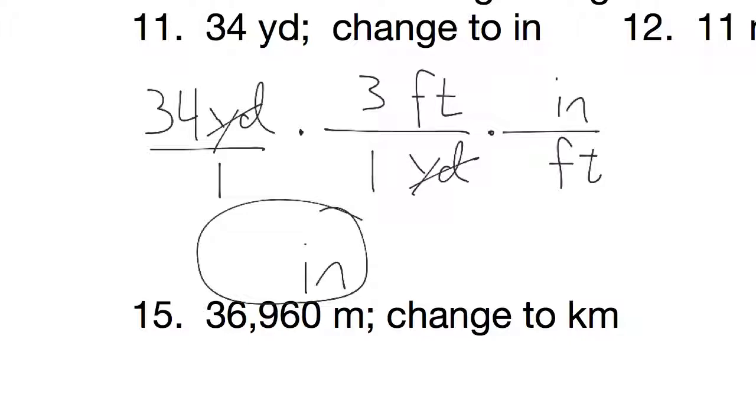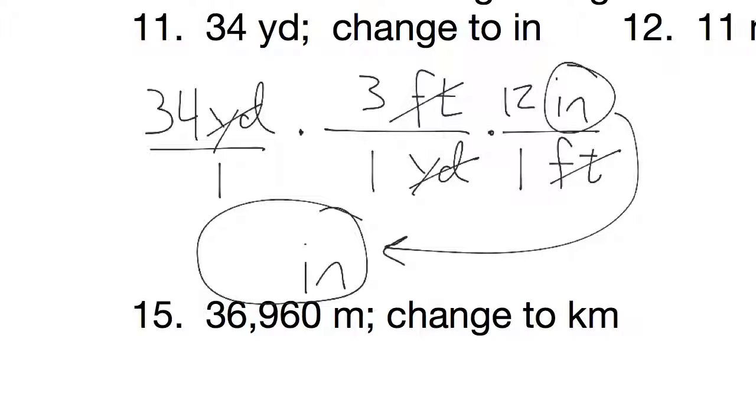I know that there are 12 inches in 1 foot, and if I multiply these across, the feet are going to cancel. The only units left are inches, which is great. That's what I want. So let's actually multiply it out. This is 34 times 3 times 12, which is 1,224 inches.